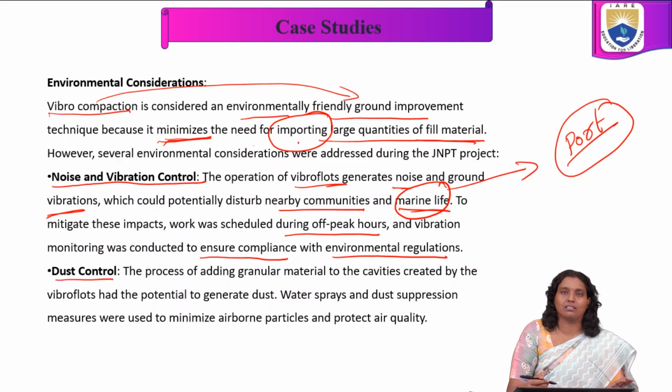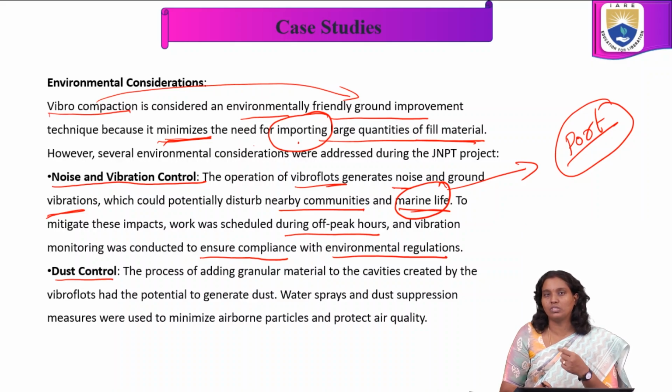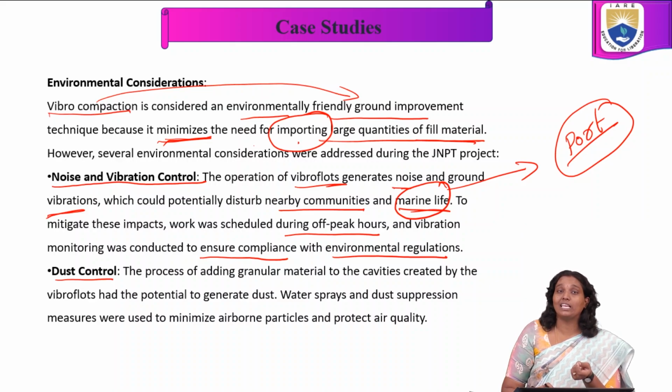Whenever we are adding the granular material for reducing the cavitation, how do we get cavitation? Because once we are inserting the vibro compaction probe using vibration into the desired depth, in that process we get cavitation.